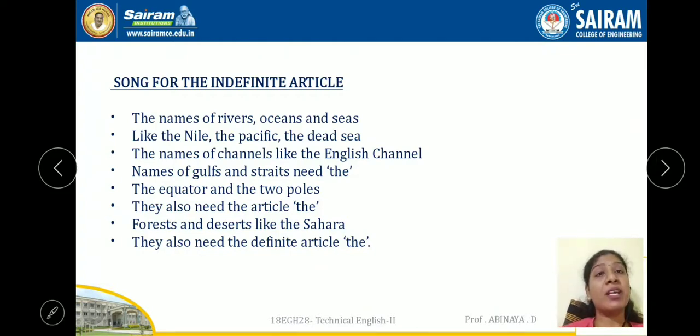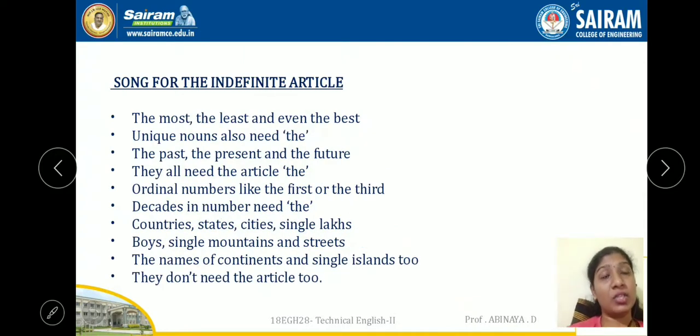The names of gulfs and straits need the. The equator and the two poles, the North Pole and the South Pole, they also need the.